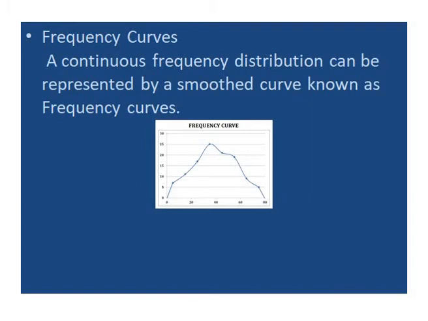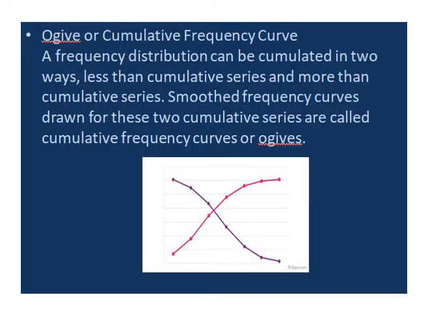Then, when discussing frequency curves, we have the ogive or cumulative frequency. Here the cumulated frequency is of two kinds, less than and greater than, using the upper class and lower class limits. If the class is 0 to 10, the upper limit is 10 and the lower limit is 0.